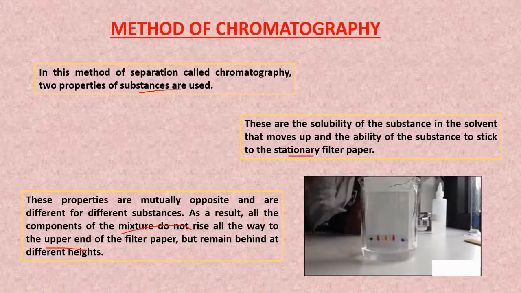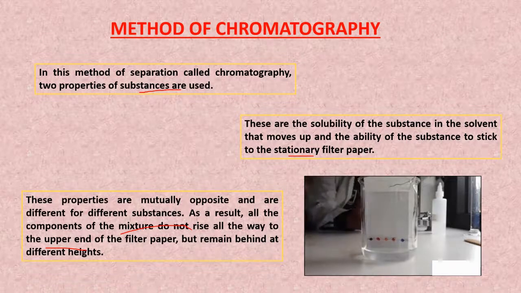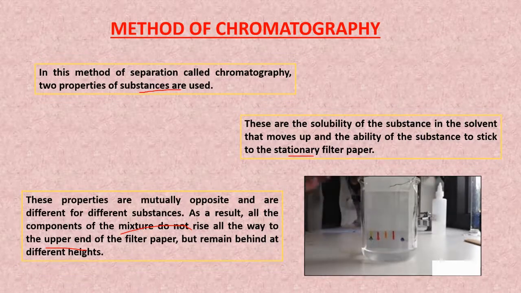In this way we can detect or identify different and new ingredients in a solution. So we get to know how many substances are mixed in a solution and also which are they. So this was all about the method of chromatography.